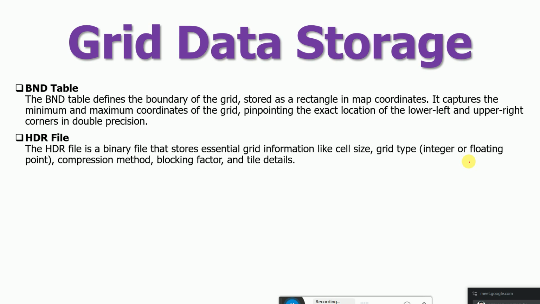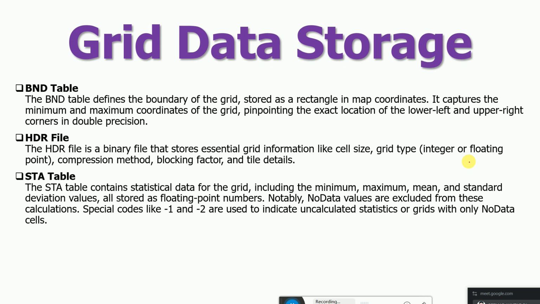HDR file. The HDR file is a binary file that stores essential grid information like cell size, grid type, integer or floating point, compression method, and blocking. You will see these things. I will show you when we process this raster in QGIS. STA table. The STA table contains statistical data information.